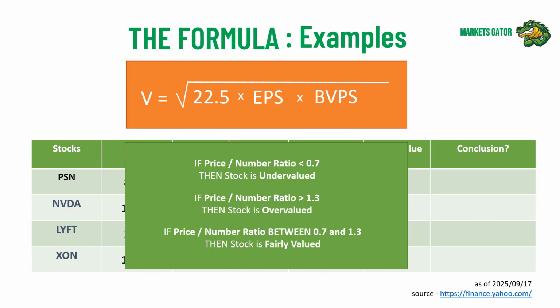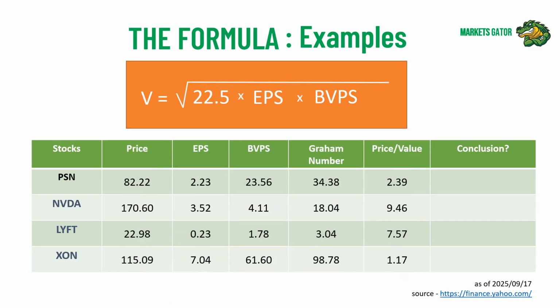If the price is 30% or more higher than value, I treat it as overvalued. And if the ratio is within the range of 0.7 and 1.3, it's fairly valued. According to these rules, I'm making the conclusion that Parsons Corporation, Nvidia, and Lyft are heavily overvalued stocks. And ExxonMobil, I'm treating as valued fairly by the market.